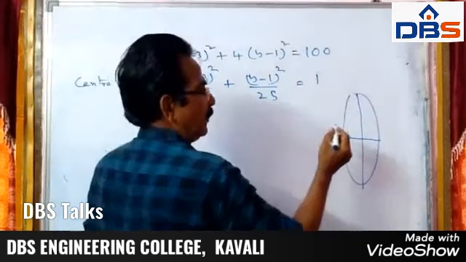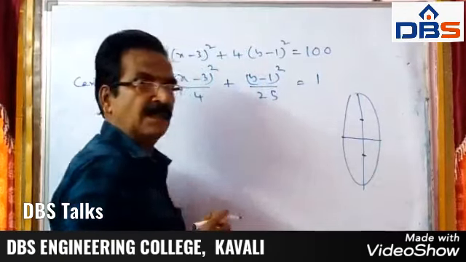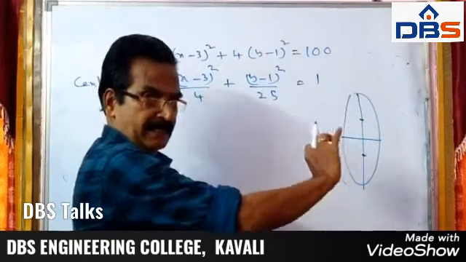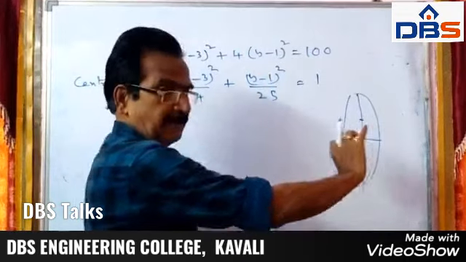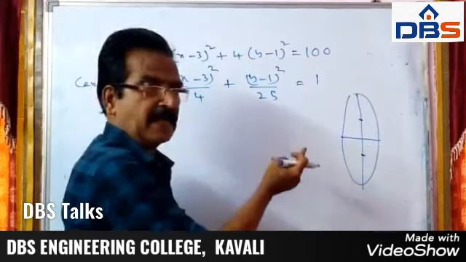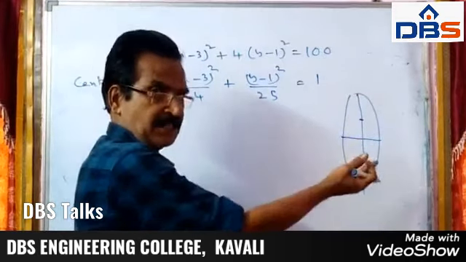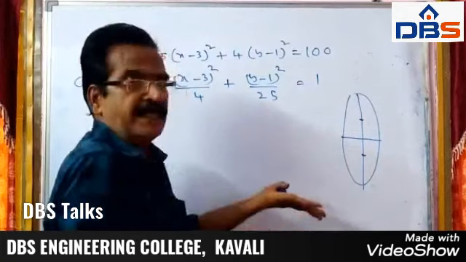And the foci. For a horizontal ellipse, our coordinates are (ae, 0) and (minus ae, 0), that is (c, 0) and (minus c, 0).